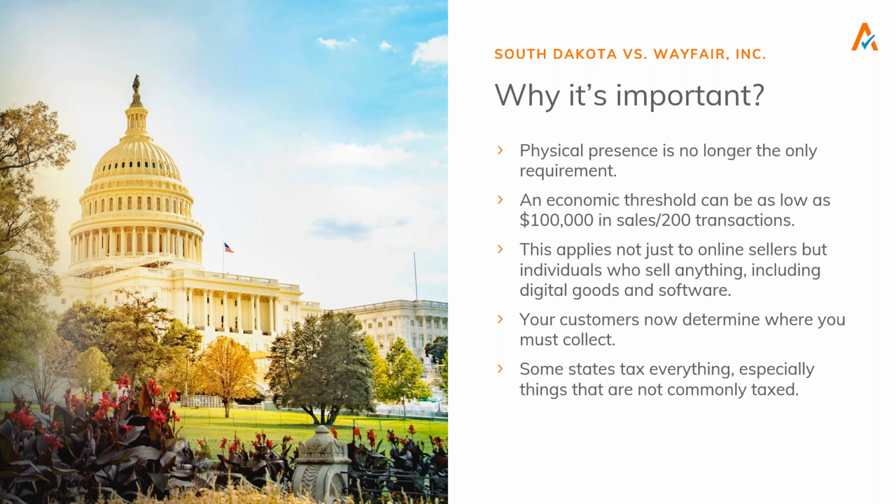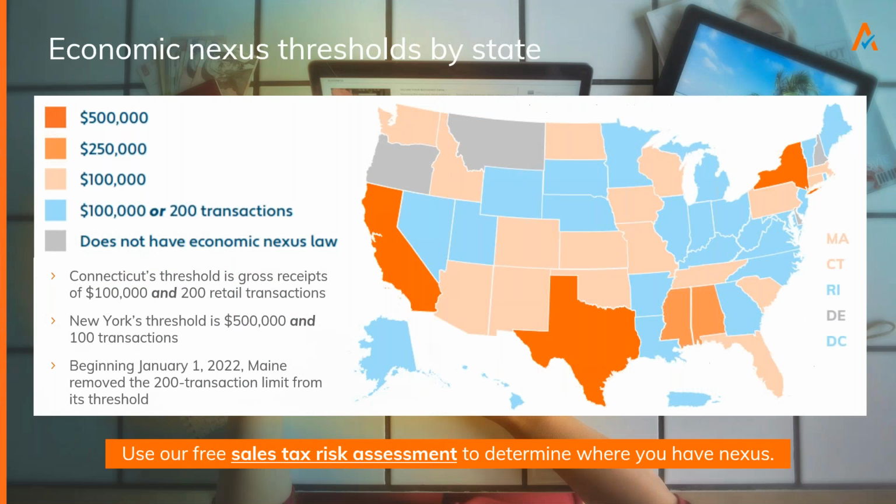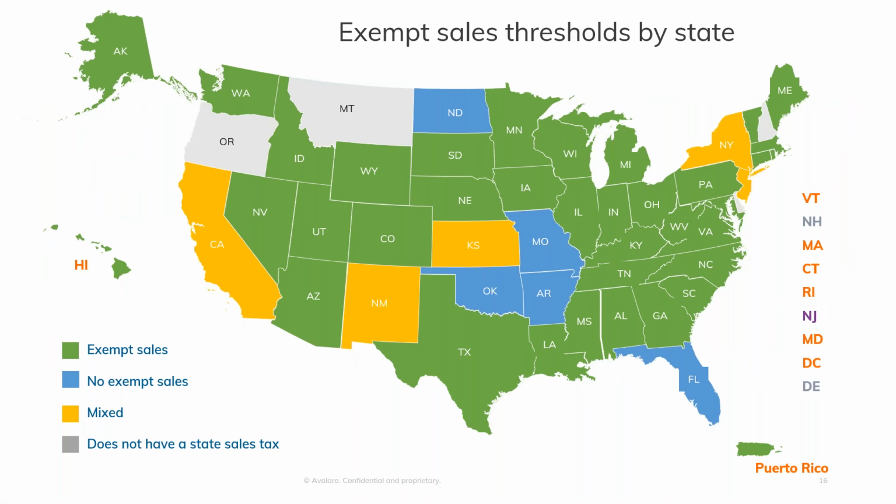So we actually have a couple slides outlining what these thresholds are, but the most important one is going to be the one showing where the state itself includes exempt sales in their thresholds. As you can tell, the majority of the states that are in green do include exempt sales in their threshold. So they're looking at gross receipts, they're looking at gross sales.